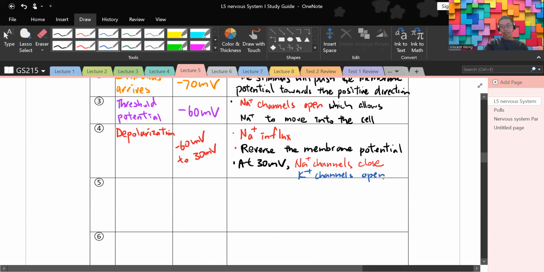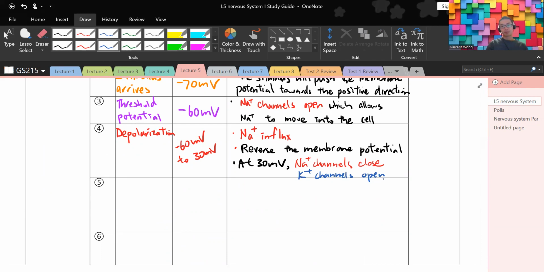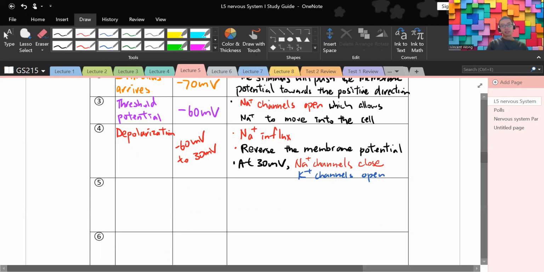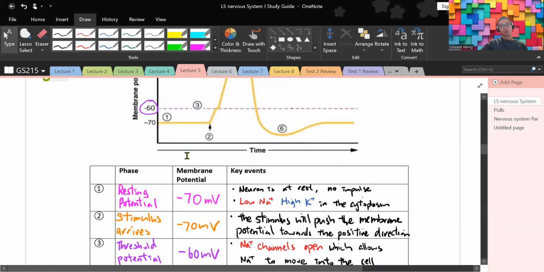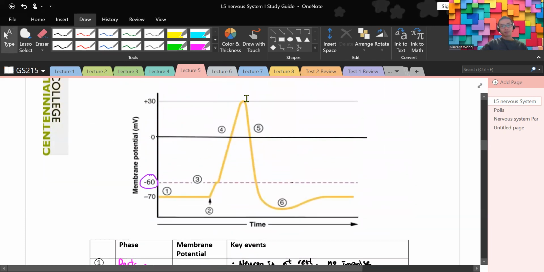That's the opening voltage for the potassium, if you remember. So this is depolarization, the rising phase of the graph right here. We can label it like that. Depolarization.